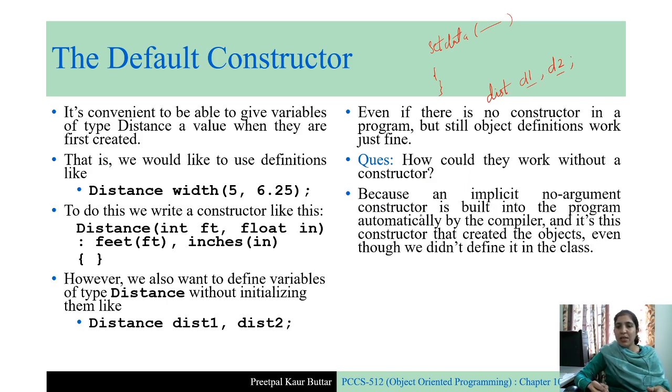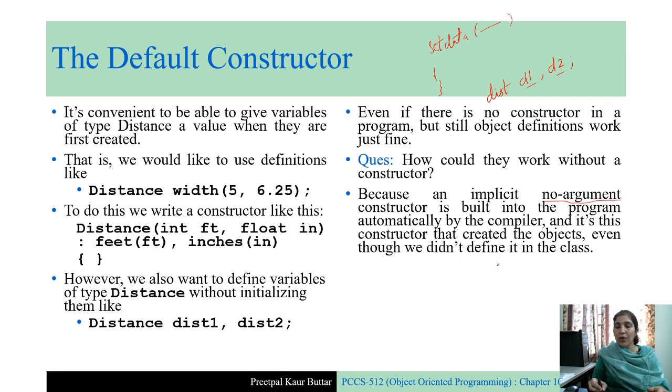Because an implicit no argument constructor is built into the program automatically by the compiler. It is this constructor that created the objects, even though we did not define it in the class. So there is a default constructor, which is a no argument constructor. It takes no arguments, and it is created implicitly.